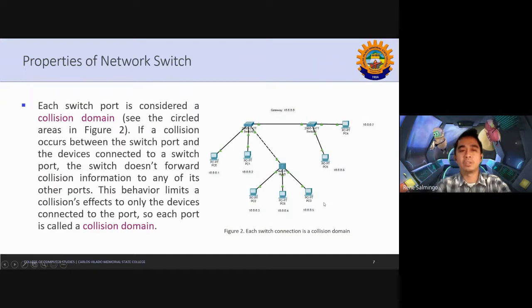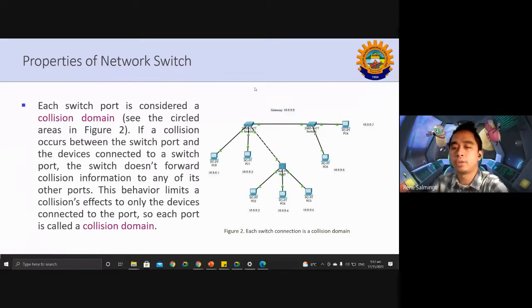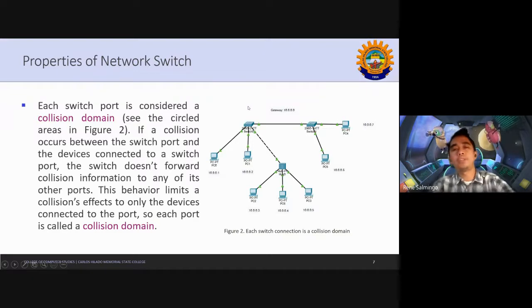So each switch port is considered a collision domain. In this example, I created this network. When you finish the simulation, you will have some collision. Why collision? Because your switch cannot handle simultaneous transfer of frames.